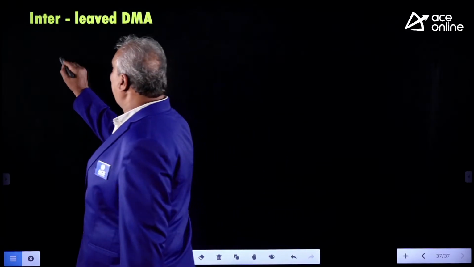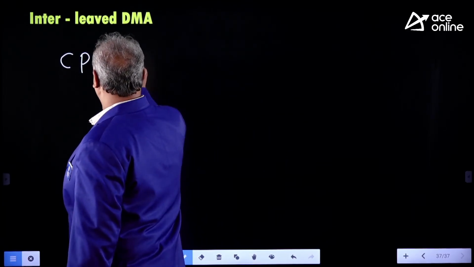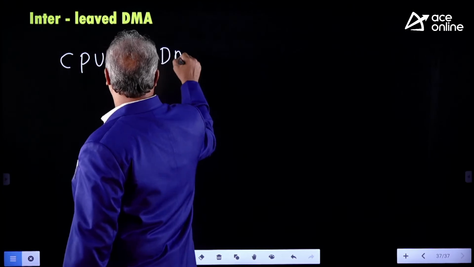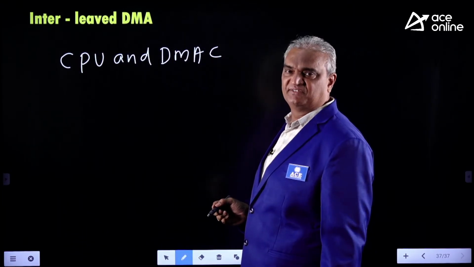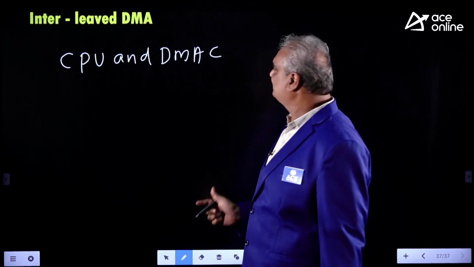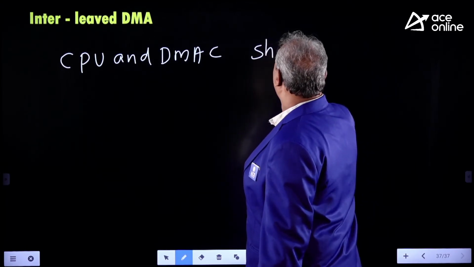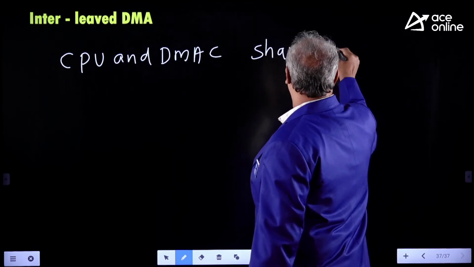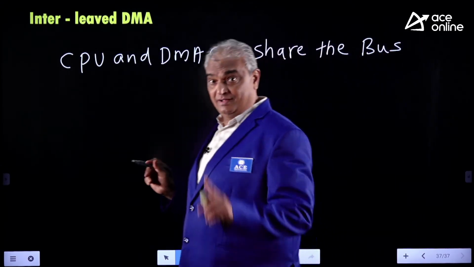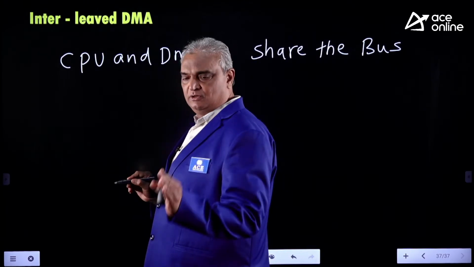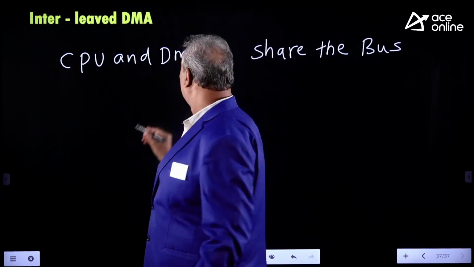Next, what about the last one? Interleaved DMA. In this, the CPU and DMA controller, DMA controller 8257, also known as IO processor, share the bus services. Which bus services? Address bus, data bus, control bus. To perform data transfer, these buses are required.